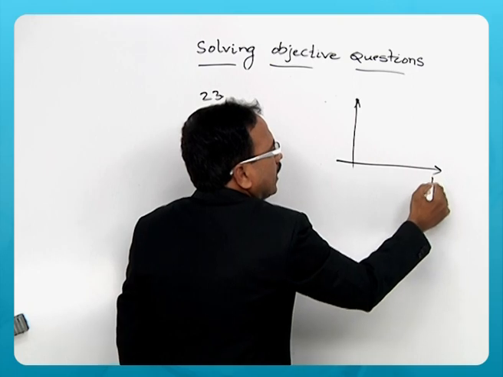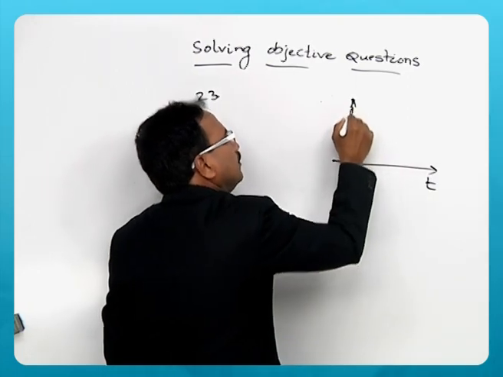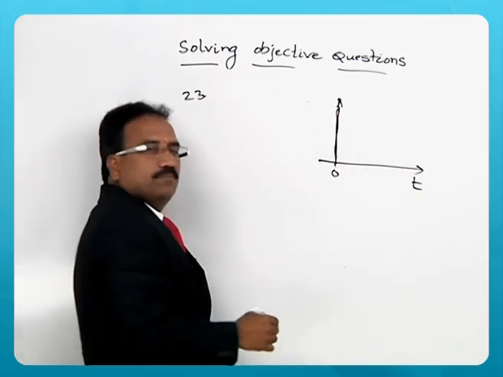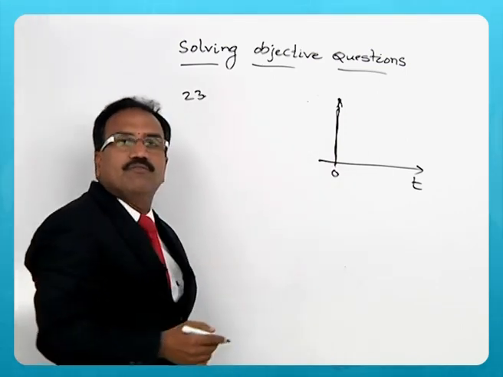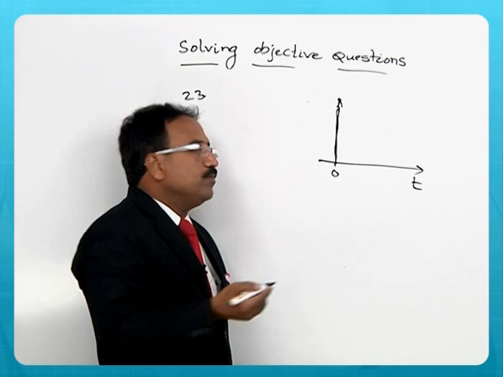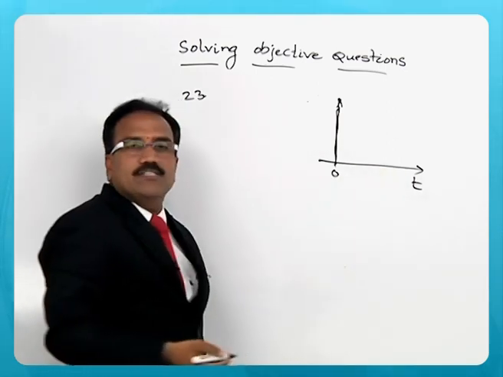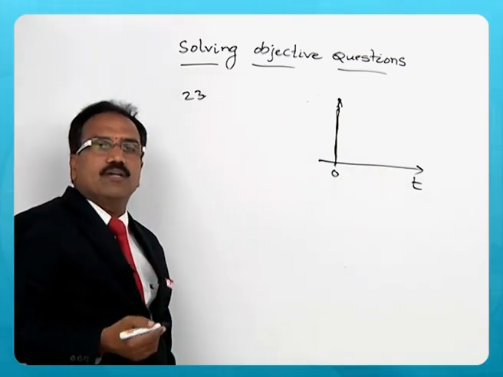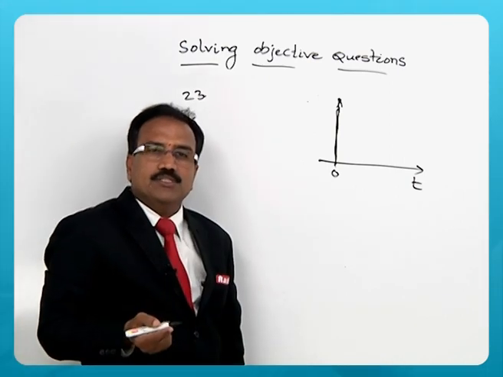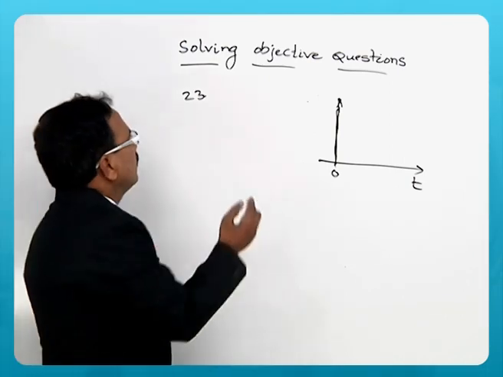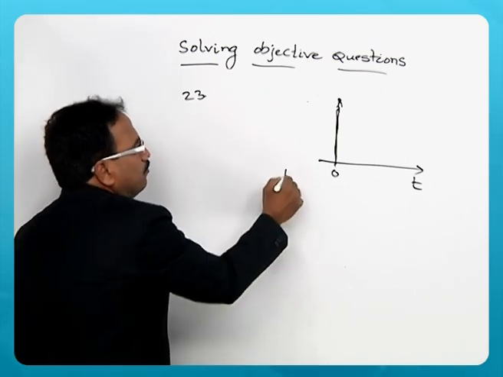It has a very high magnitude in 0 time. There is a signal at 0 of infinite magnitude and no signal at t greater than 0. So this is called sudden shock. So out of the 4 options, sudden shock is nothing but an impulse signal.